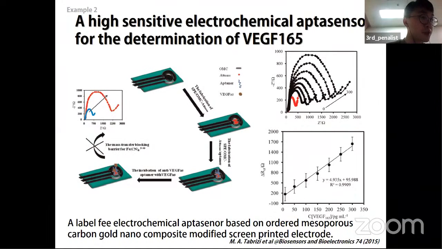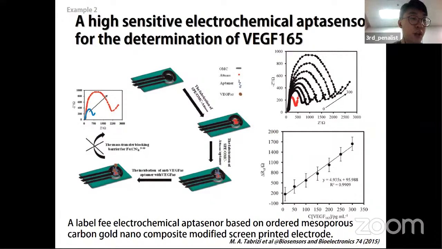This paper shows a label-free electrochemical aptasensor based on an ordered mesoporous carbon gold nanocomposite modified screen printed electrode, which has been fabricated for the detection of vascular endothelial growth factor as a tumor marker.